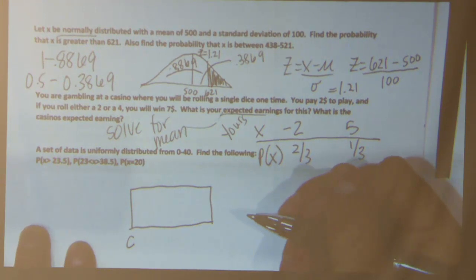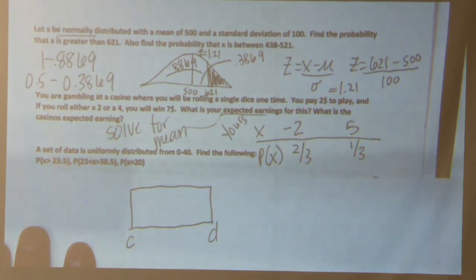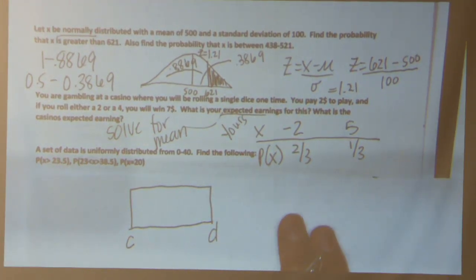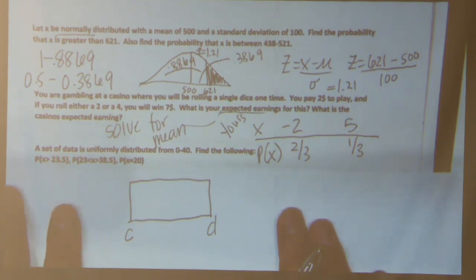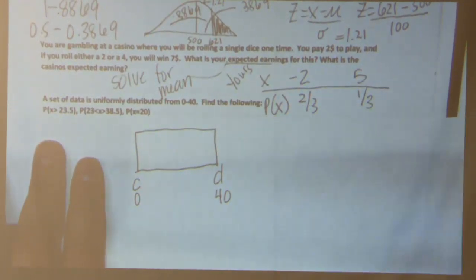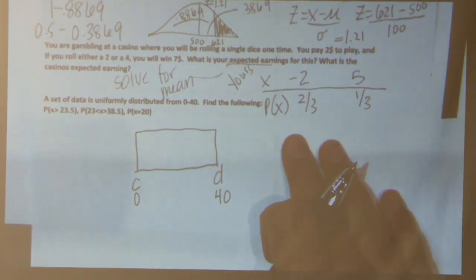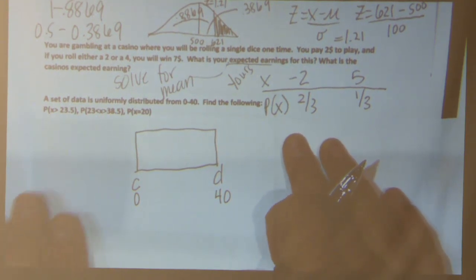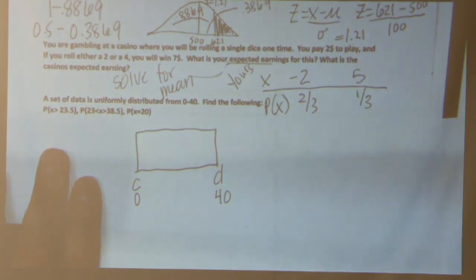Your C value goes on the left, and your D value goes on the right. C is always going to be the lower number, and D is going to be the higher number. So we can set this up from 0 to 40. If you did not go over uniform distribution, that's fine. Just sit tight through this.